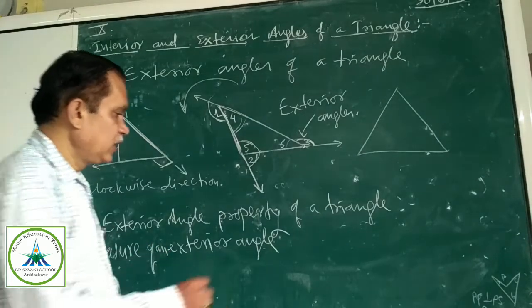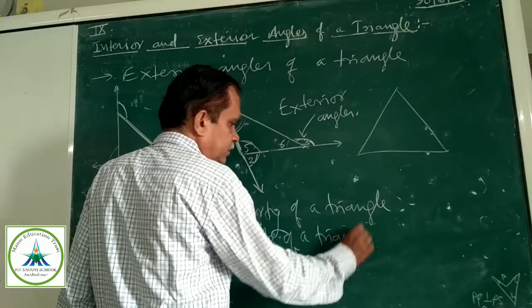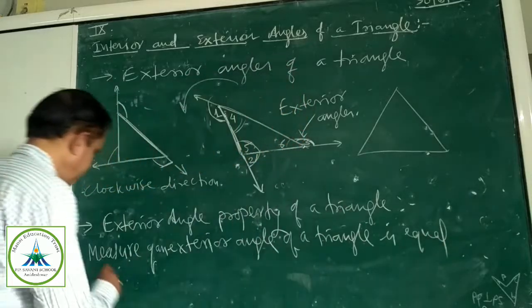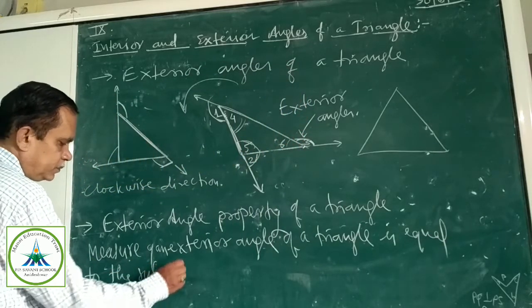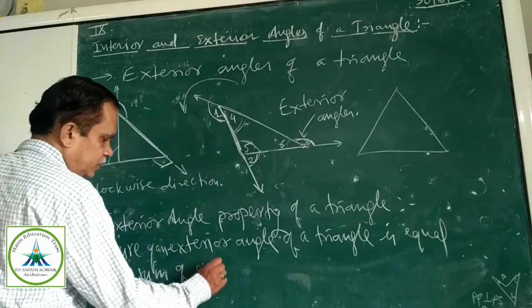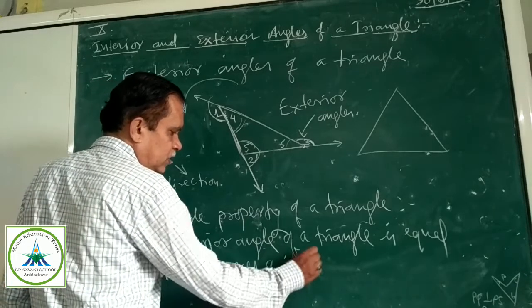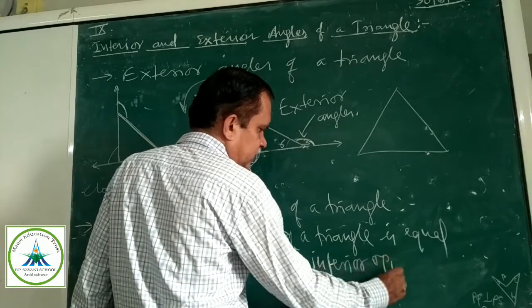The measure of an exterior angle of a triangle is equal to the sum of the measures of its interior opposite angles.